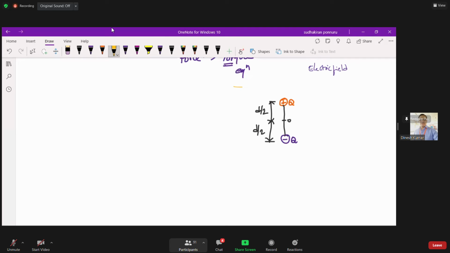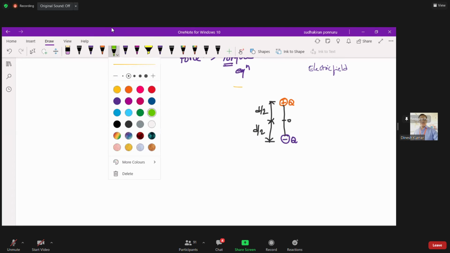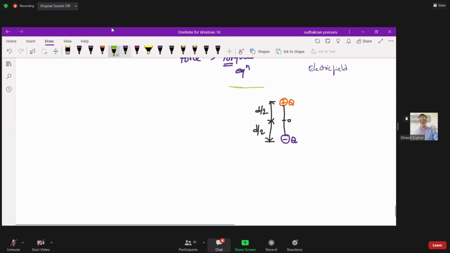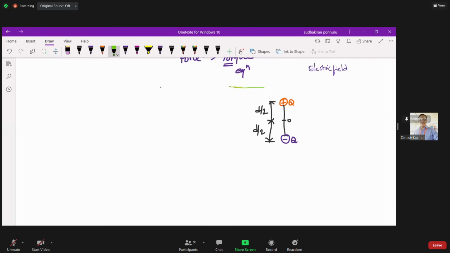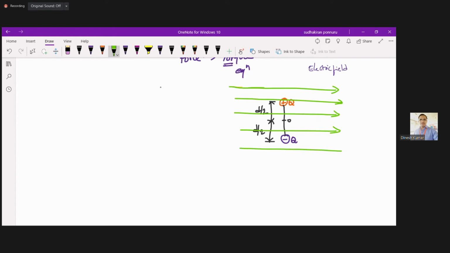So this is the field in which I have placed the dipole.